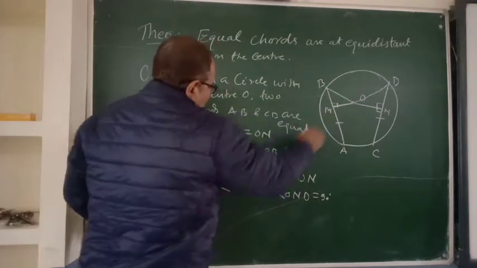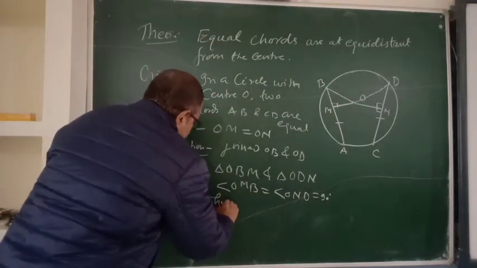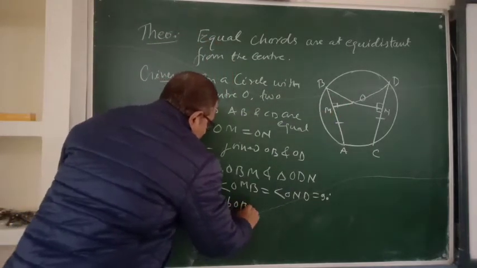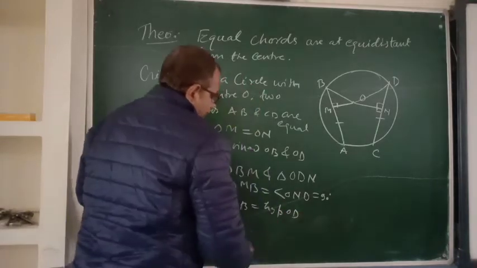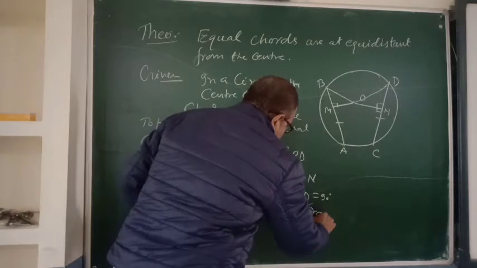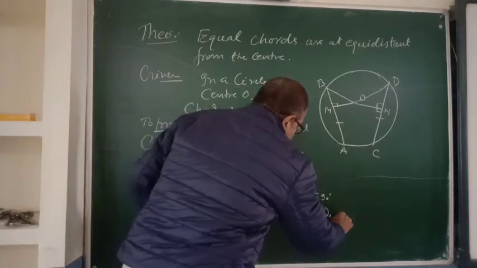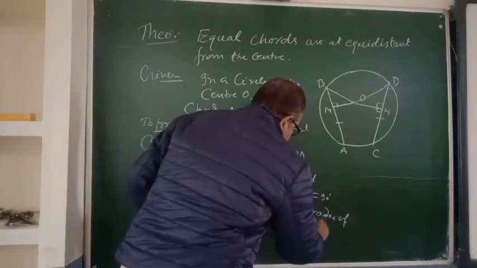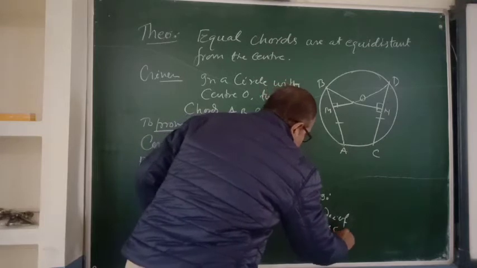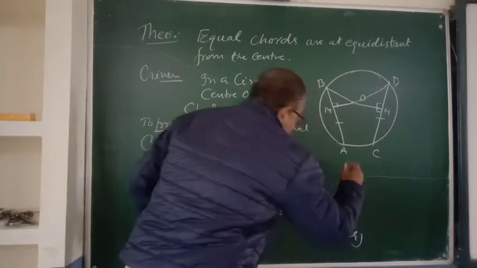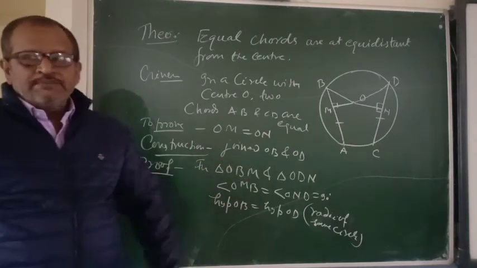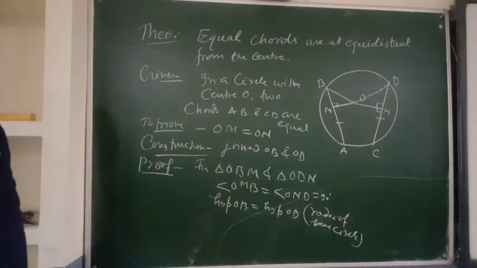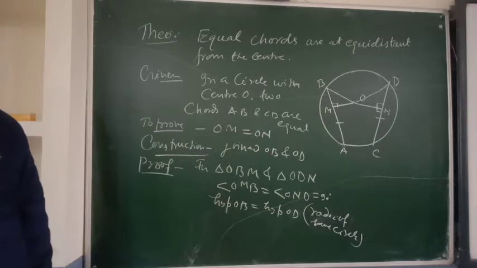OB is equal to OD: hypotenuse OB is equal to hypotenuse OD, radii of the same circle. So one angle is 90 degrees, hypotenuses are equal, and one side.